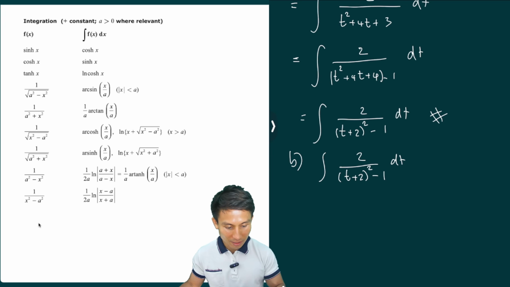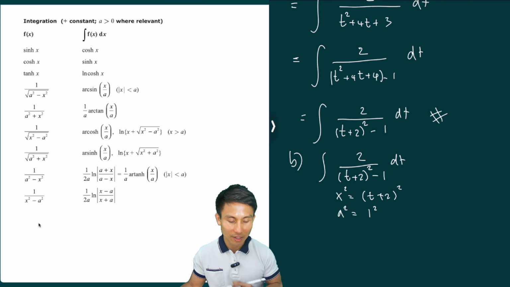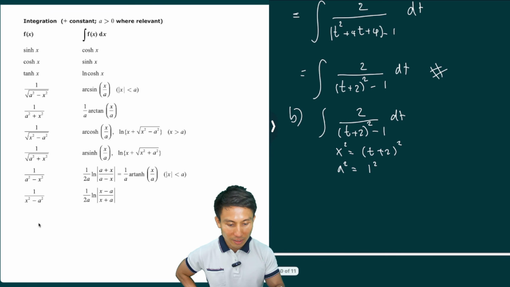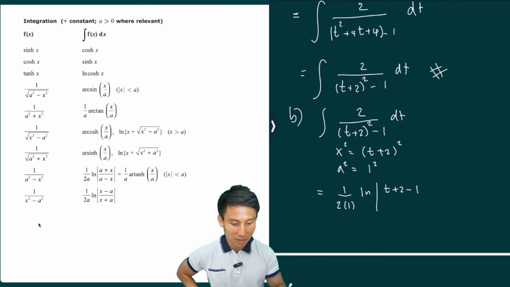So I'm just going to say here x equals t plus 2 and a equals 1. So x squared is just that squared and a squared is 1 squared, or still 1, yeah? So that's going to be equal to 1 over 2 times 1, right? ln of (t plus 2 minus 1) over (t plus 2 plus 1), right?